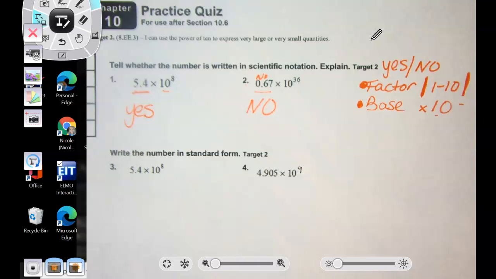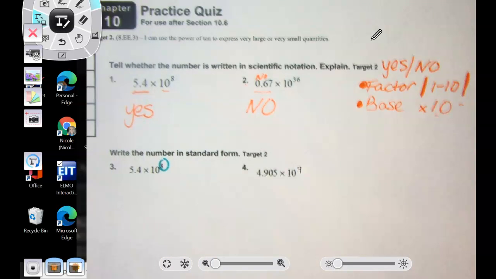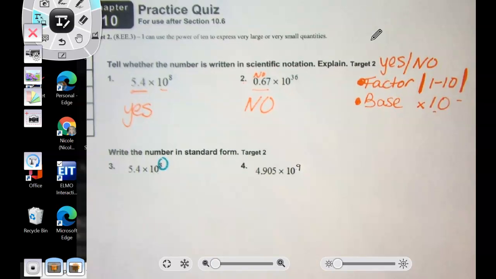When we have something in scientific notation and we're going to standard form, we're going to look at the exponents first. Up here, this is going to tell us which way we're going, what kind of number we want.